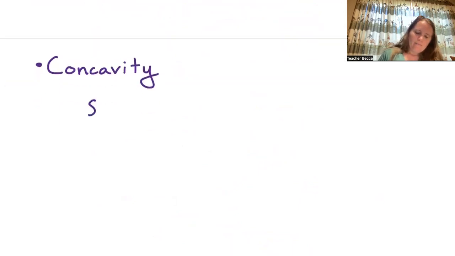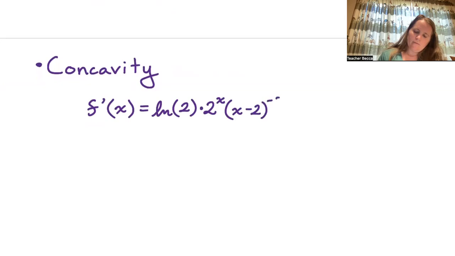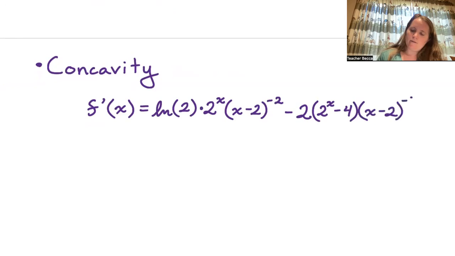So f prime of x was natural log of 2 times 2 to the x times x minus 2 to the negative 2. Then we had minus 2 times 2 to the x minus 4 times x minus 2 to the negative 3.